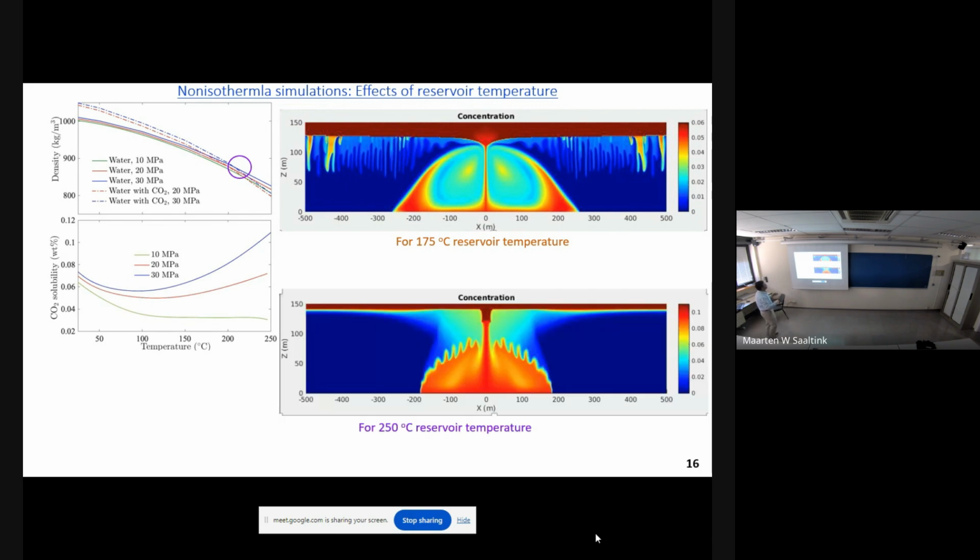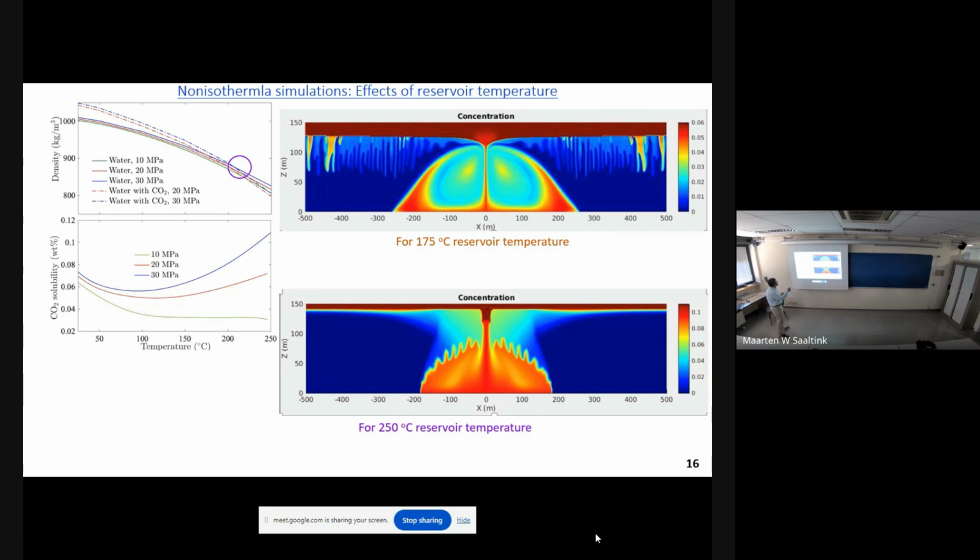Now, one interesting thing we did, of course, I do not know how realistic the situation is: if the reservoir temperature is beyond 220 degrees Celsius, because this is the point where the equation of state data shows that brine with CO2 will be lighter than without CO2.